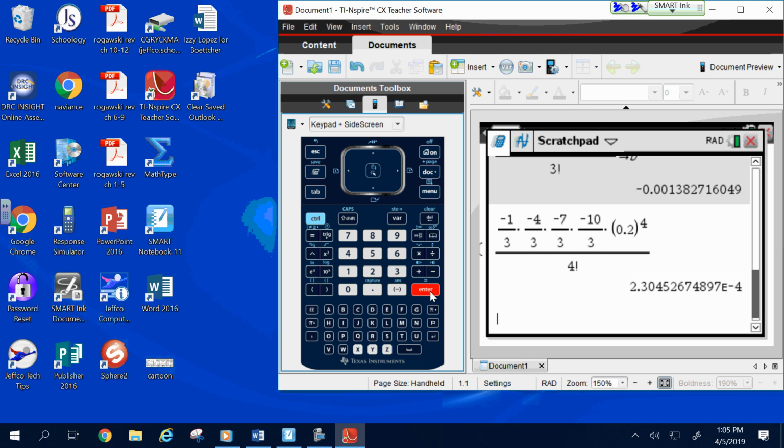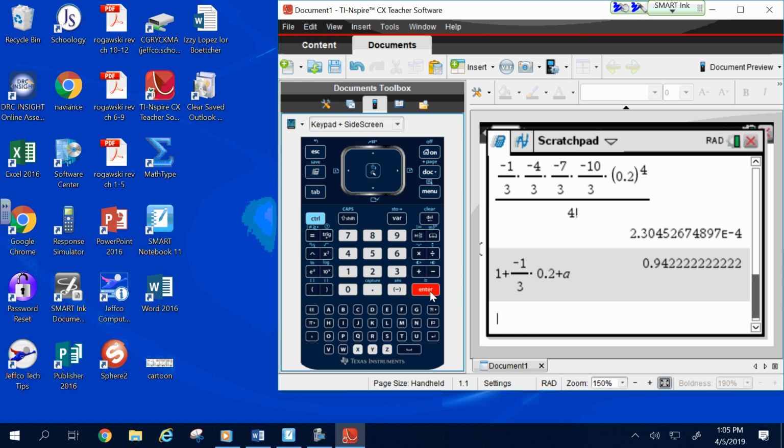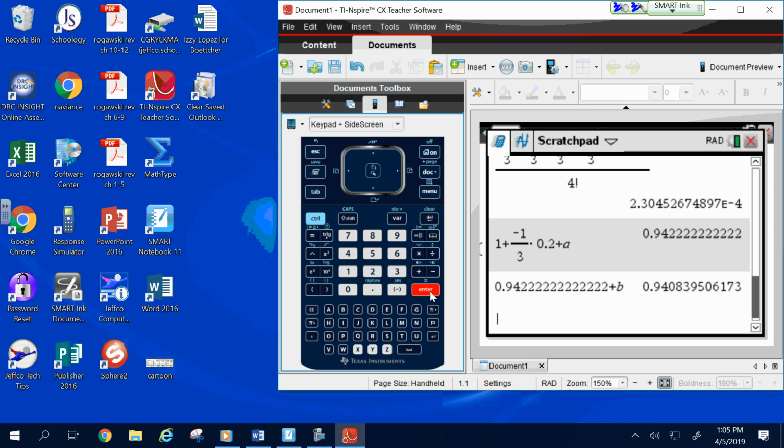Okay, so I'm going to add 1 plus negative 1/3 times 0.2. And I think I had an A there, shucks, and a B. And I'm getting 0.94083. Do we agree?